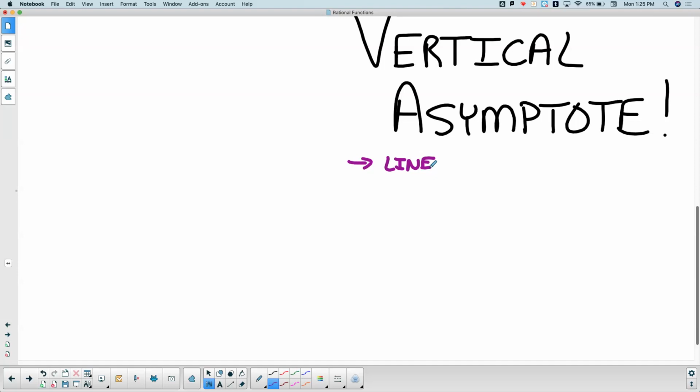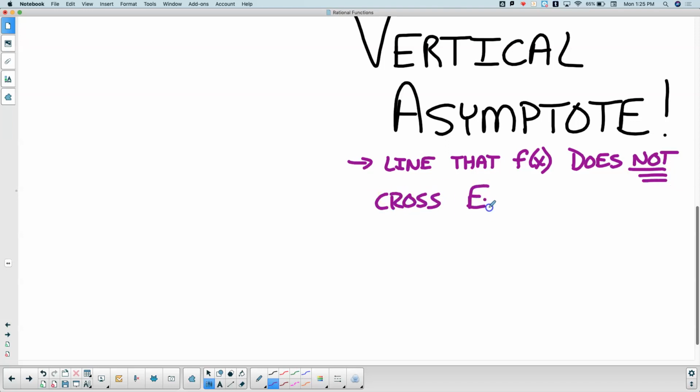Okay? So it's a line that my function does not cross ever.